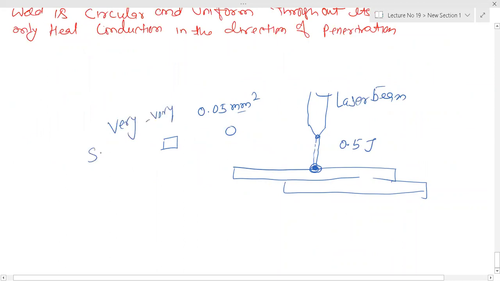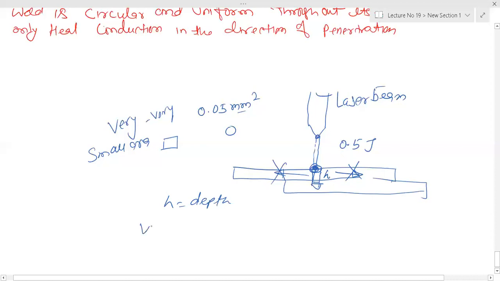Then heat penetrates into the depth, it is not just conducted along the surface. Let the depth be h. H is the depth, and that is what you have to find.